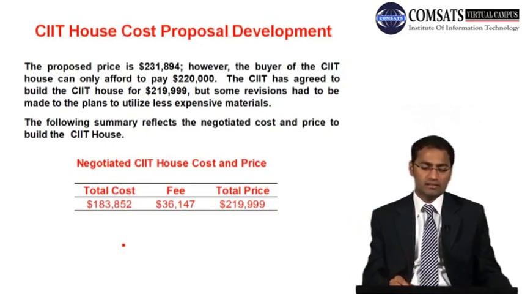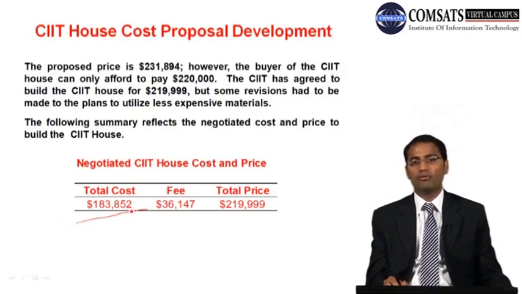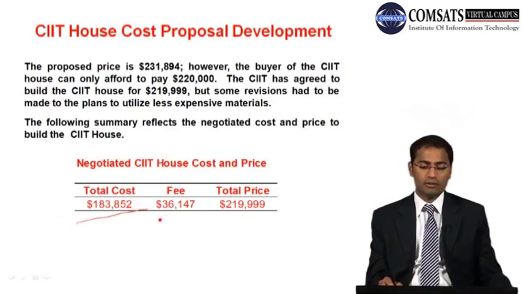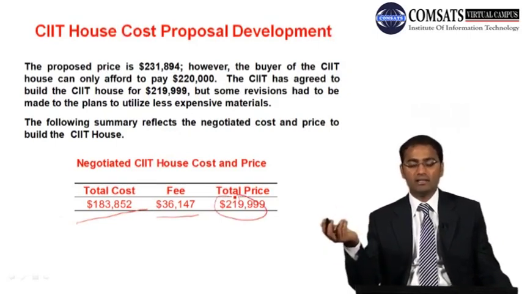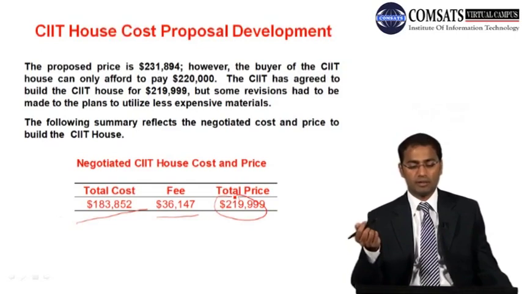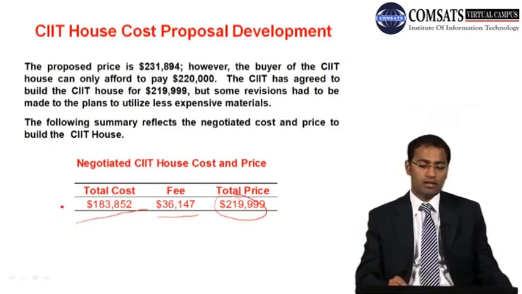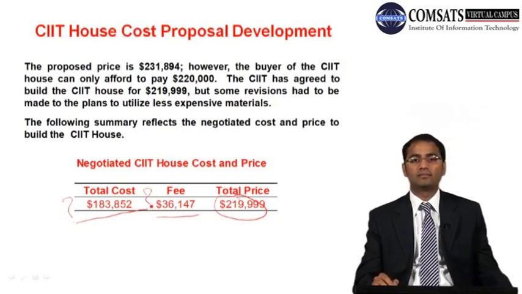How do we get this? 183,852. Where is this coming from? And this fee, okay, this is okay, because we do know that our buyer is going to afford only this much money, but we are in need of this and this. How did we get that?